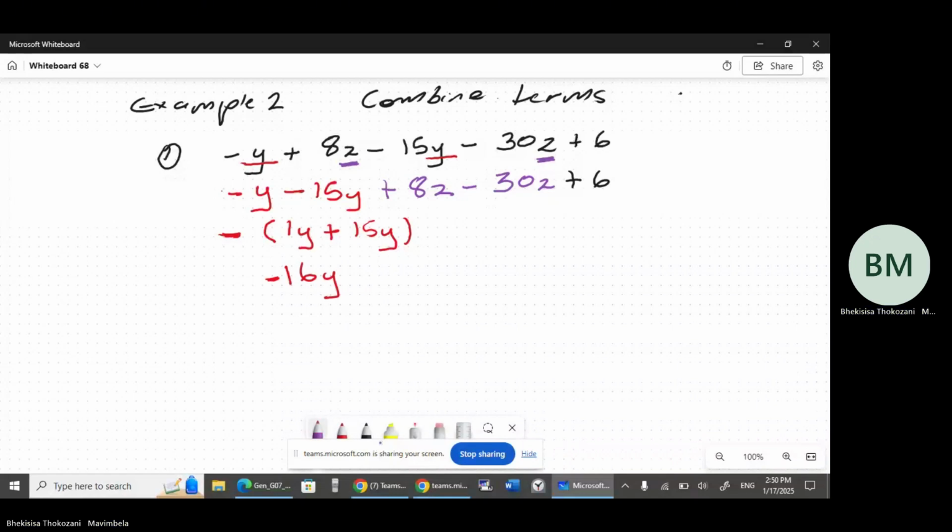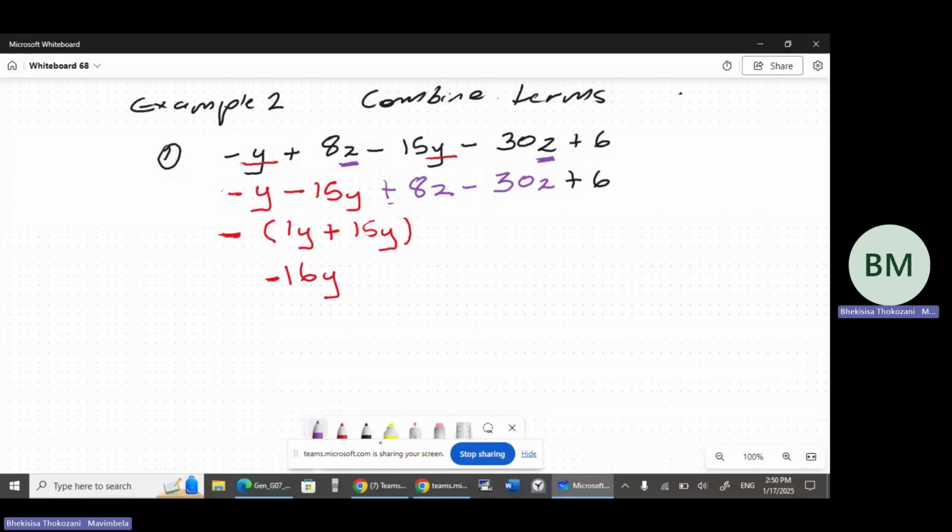Now, the next one, the signs are not the same. We have plus here and we have minus here, or positive and negative. So what do we do, guys? We subtract and we take the sign of the bigger number.